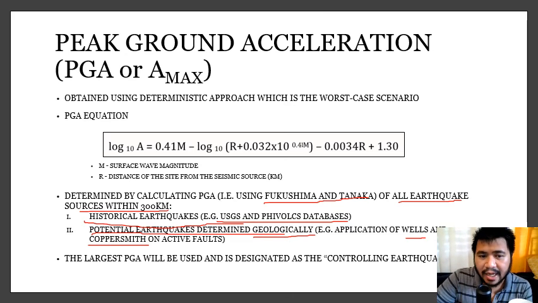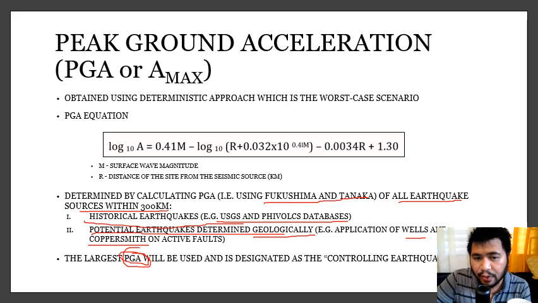Once you've done that, look for the biggest PGA that can be produced, and look for the earthquake that produces that PGA. That earthquake will be designated as your controlling earthquake, meaning the most important earthquake that you should be considering.